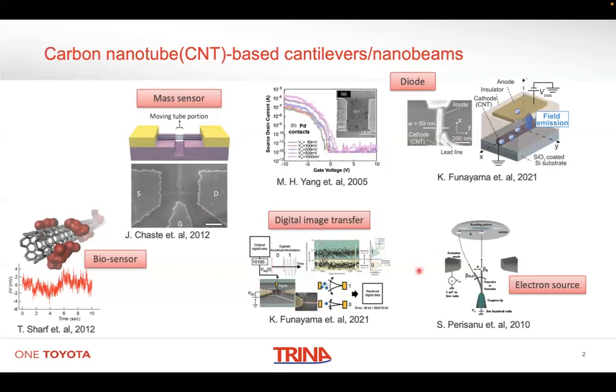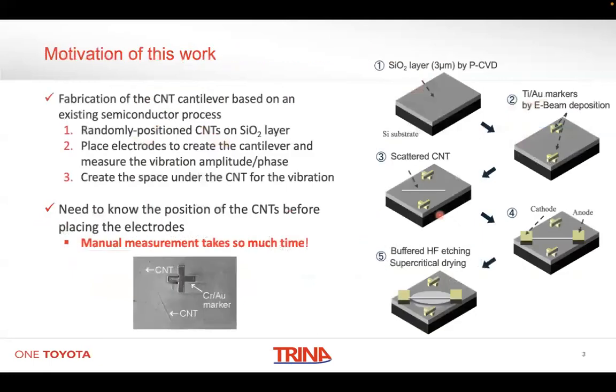To develop this type of nanoscale device, we need to make it with a nanoscale fabrication method. This picture shows our typical fabrication process used in our lab. Here you can find the fabrication of the carbon nanotube cantilever based on existing semiconductor processes.